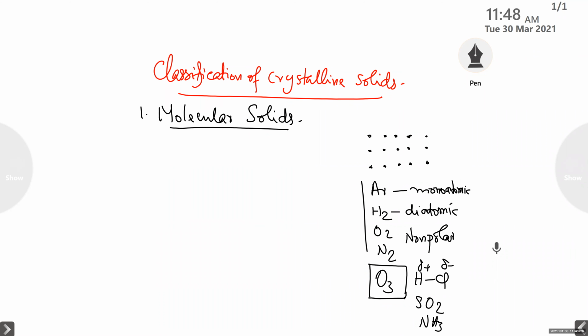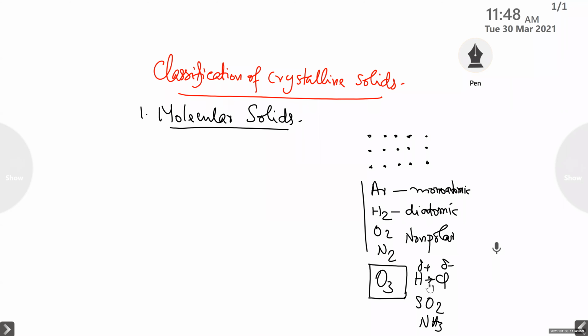There is a difference in the electronegativity values. So the electron pair will be shifted towards the more electronegative atom. The more electronegative atom gets partial negative charge, and the less electronegative atom gets partial positive charge.